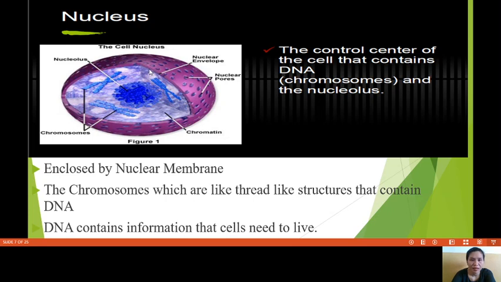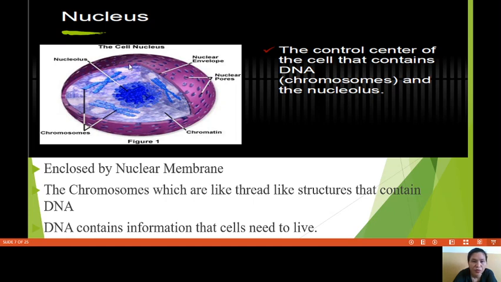So this whole thing, guys, is the nucleus. The covering is your so-called nuclear membrane. It's the same as the membrane that we discussed. It's also the protection of this nucleus. Inside the nucleus, you have this nucleolus. And these are your chromosomes.